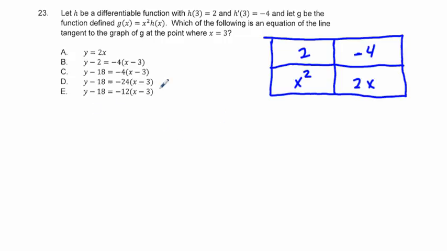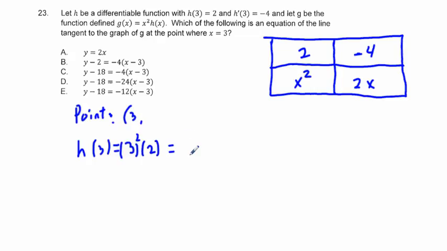So what we're going to have is that our point, okay, so for the point, we're going to have x equals 3, we know that, and then if we plug in h of 3, we're going to have 3 squared for x squared times h of 3, which is 2, which is going to be 9 times 2, which is 18.